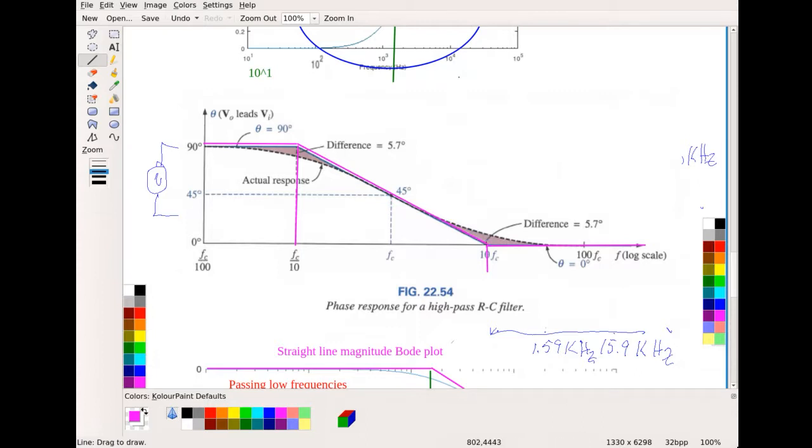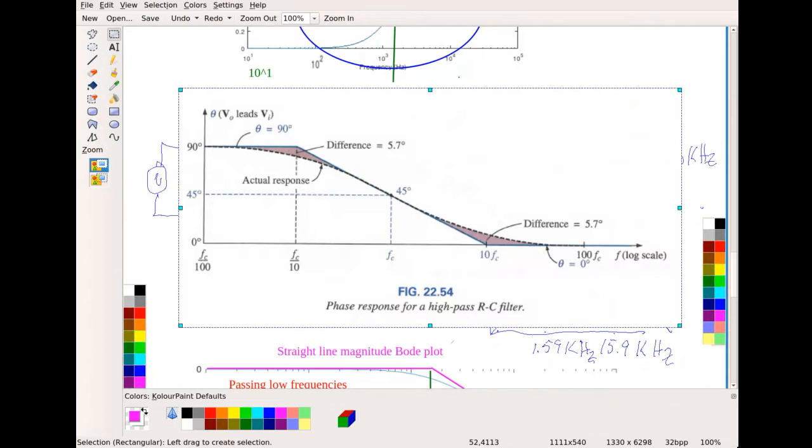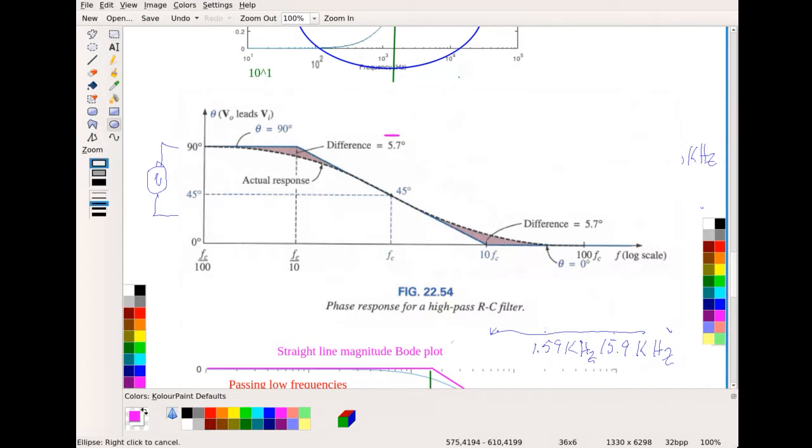And that gives me a real quick idea of what the phase looks like. And the max error that I'm going to have when I do that is 5.7 degrees, which is occurring at these two frequencies. Okay.